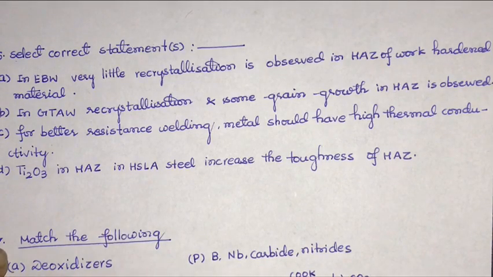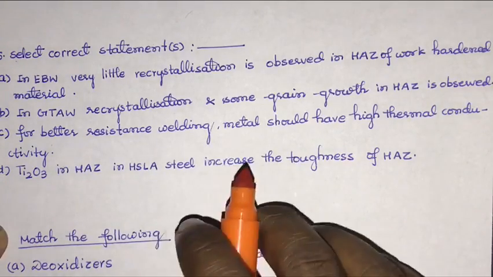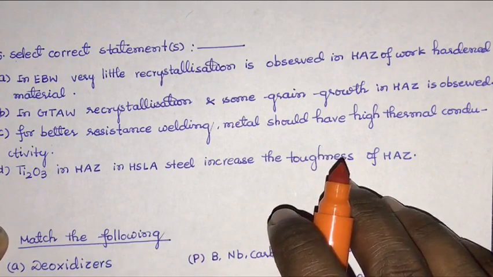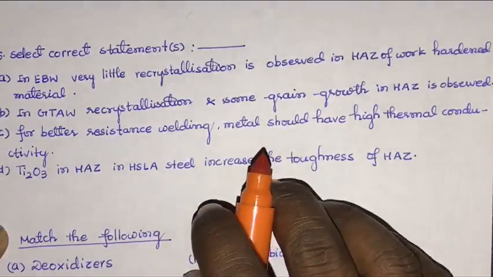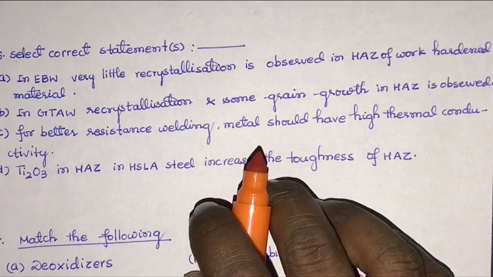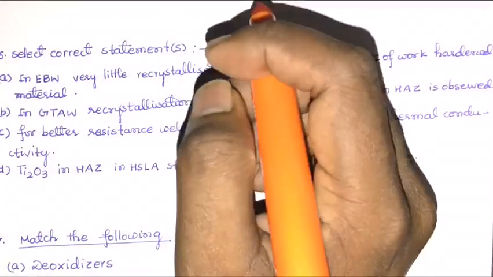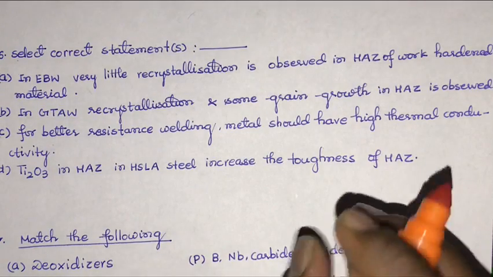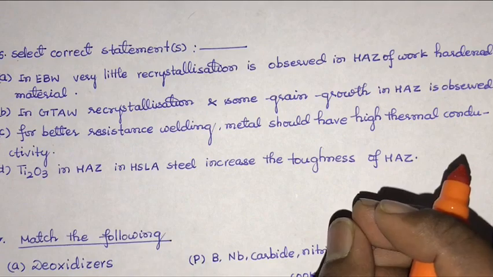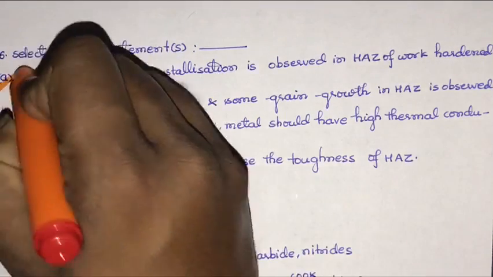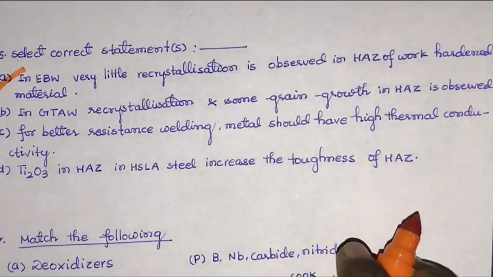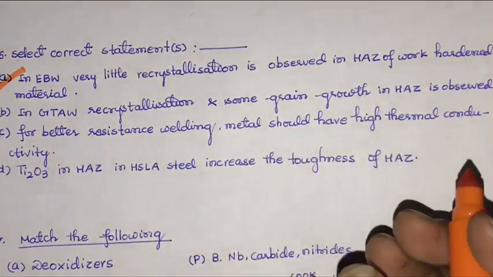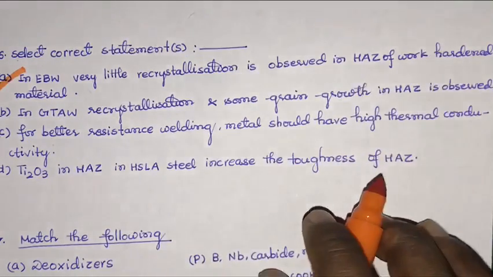We know that in electron beam welding, due to very high power density, the heat input is very low, and the cooling rate is also very high. So very little recrystallization is observed. This is absolutely correct, and this is due to low heat input and high cooling rate.